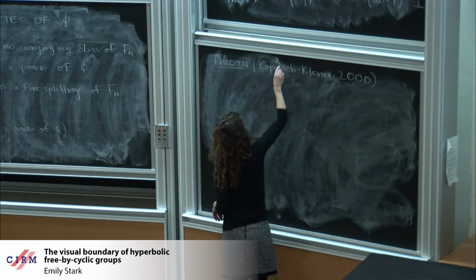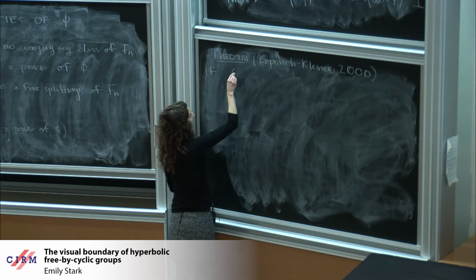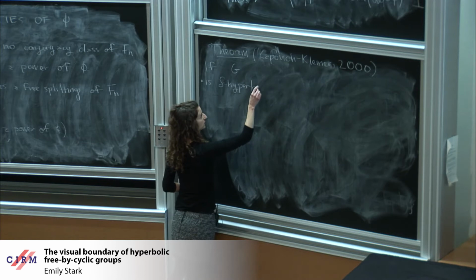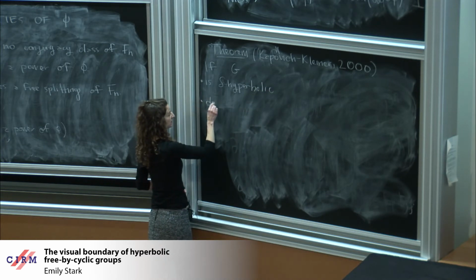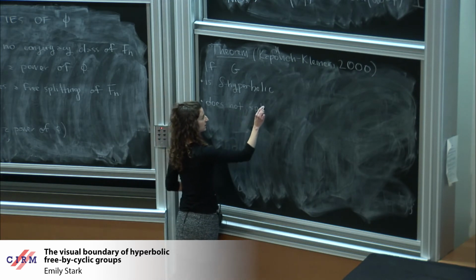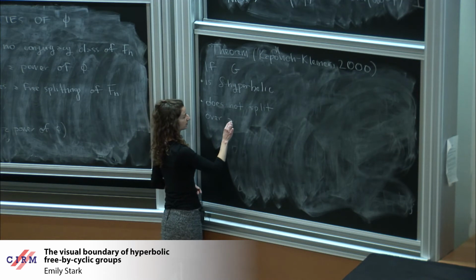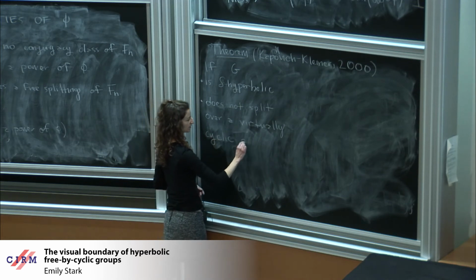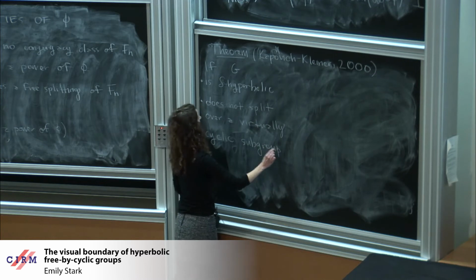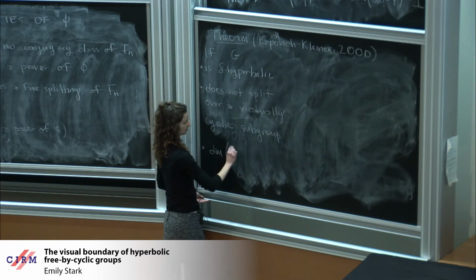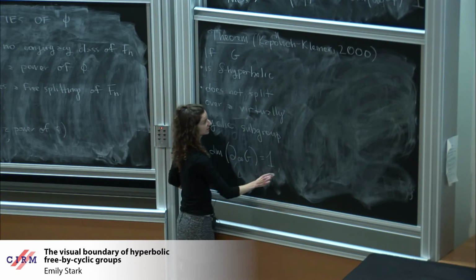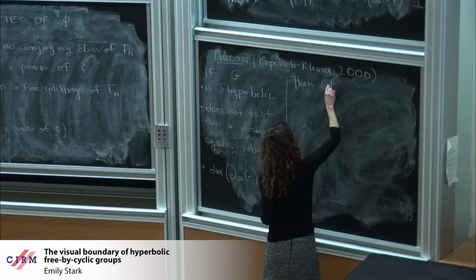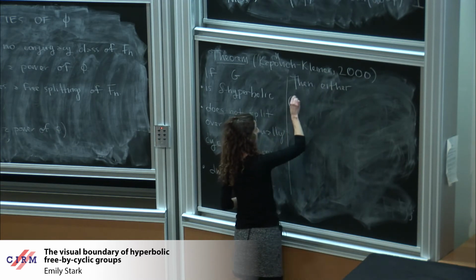This is Misha. They prove that if a group G is delta hyperbolic, if the group G does not split over a virtually cyclic subgroup, and if the dimension of the visual boundary of G is equal to 1, then the visual boundary has one of 3 possible homeomorphism types.